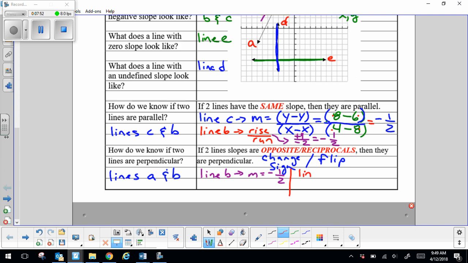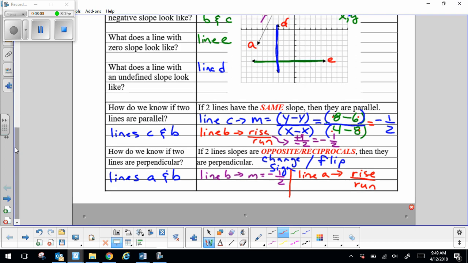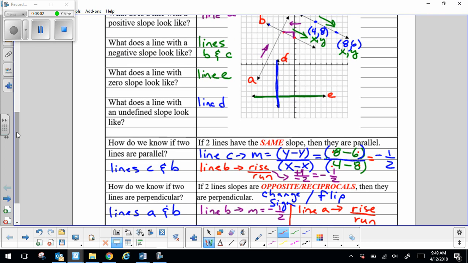So line A, and again, I'm going to use the rise over run process because it's a little easier than trying to dig through the formula. So I'm going to flip back up here a little bit. I have a point that I'm going to use here, and then I have another nice point here that are hitting right on a whole number. So again, I'm going to do rise over run.